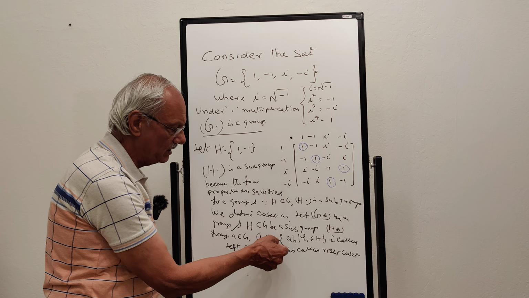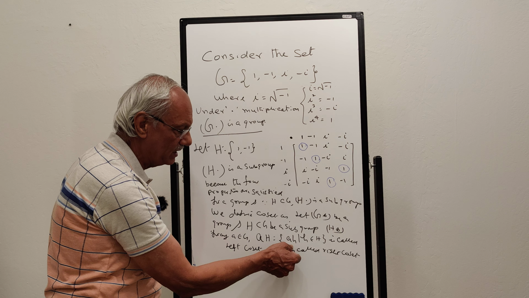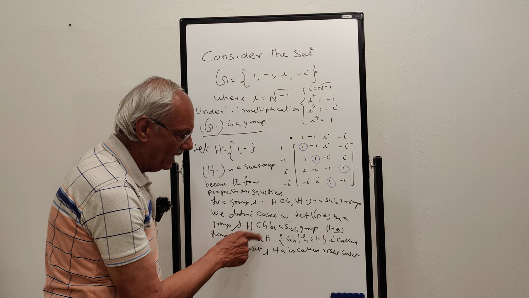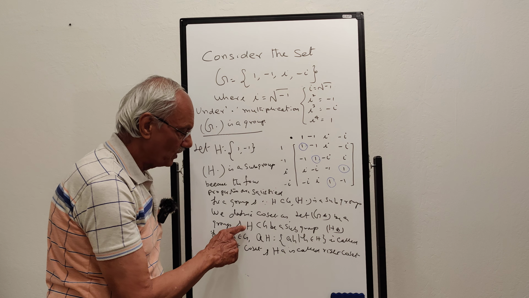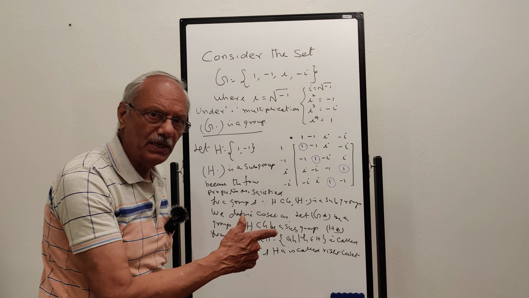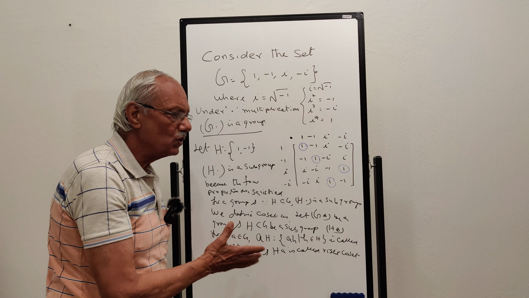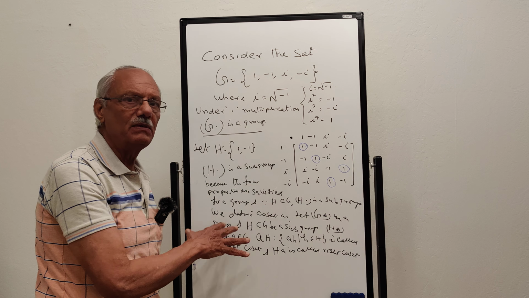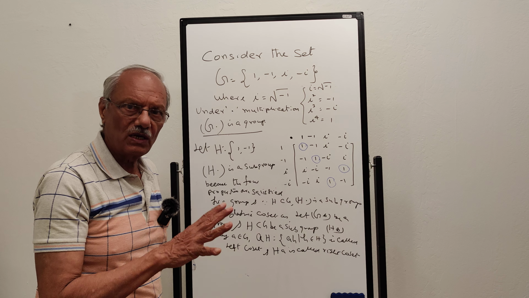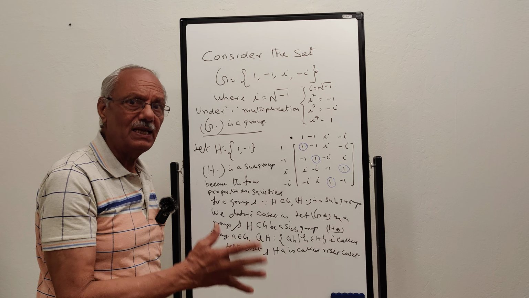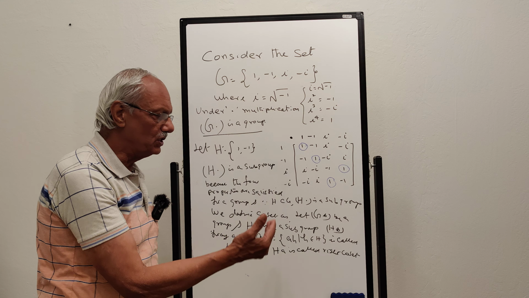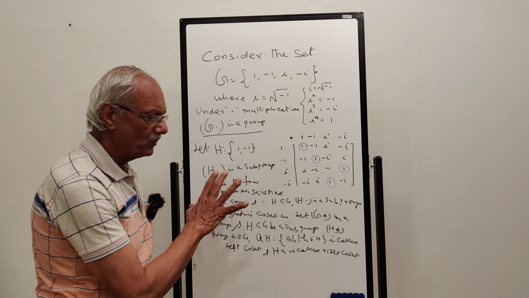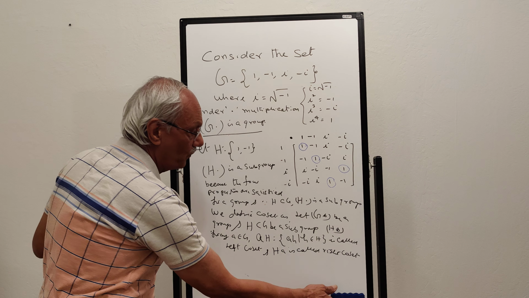AH is a set which consists of elements of the form A into H, where H belongs to H. So for A it is one left coset. If you take another element B, BH will be another coset. So you can form as many cosets as there are elements in G. This is called a left coset and this is called a right coset. Okay, so this is the idea of a coset.